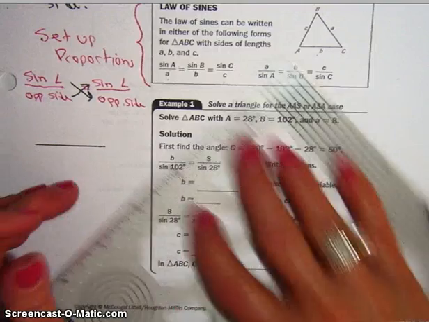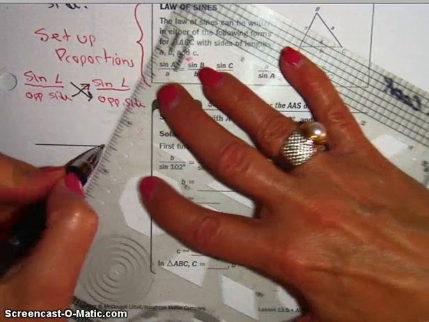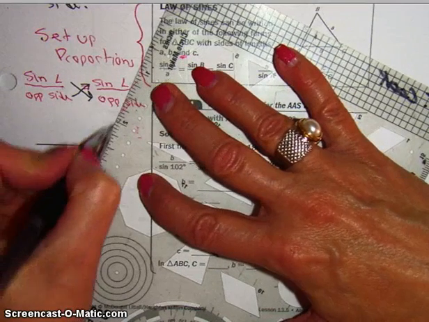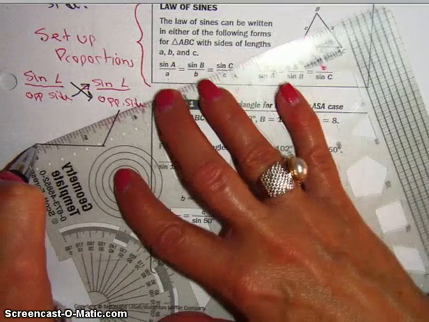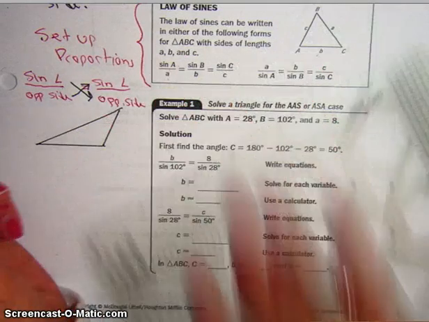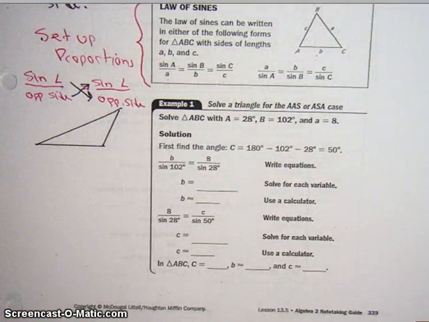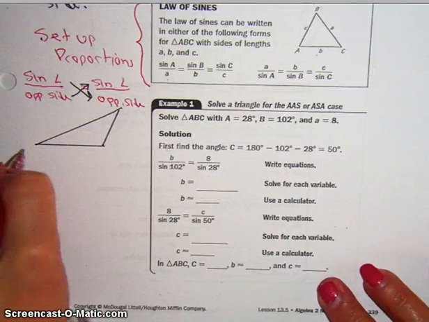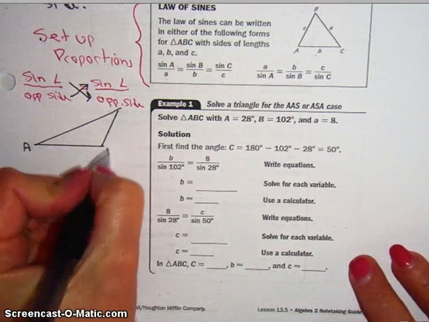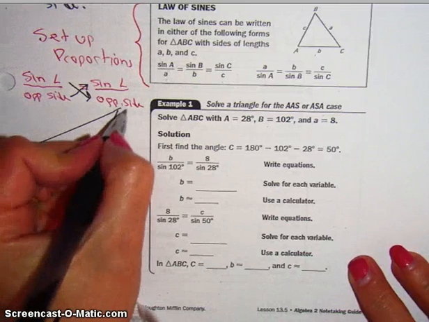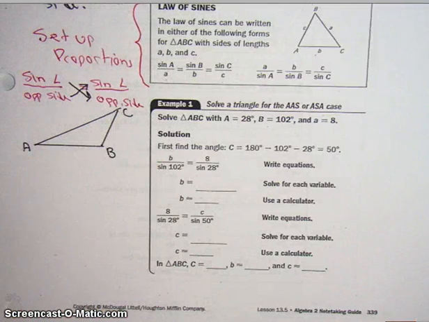Angle B has to be 102. So just sketch yourself a nice little obtuse angle right there. Okay. And we're going to put angle A here, angle B here, angle C here. Then can you fill in where little a is?